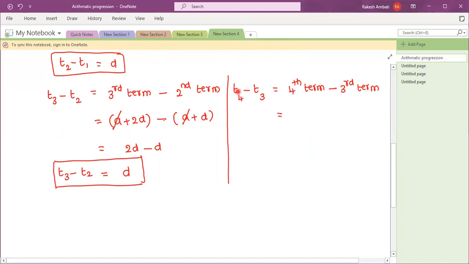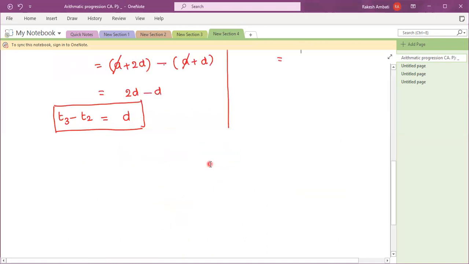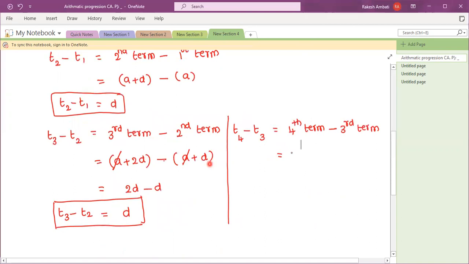The fourth term is a plus 3d, minus the third term, which is a plus 2d. Here a minus a cancels. After cancellation, 3d minus 2d. Therefore, T4 minus T3 equals d.